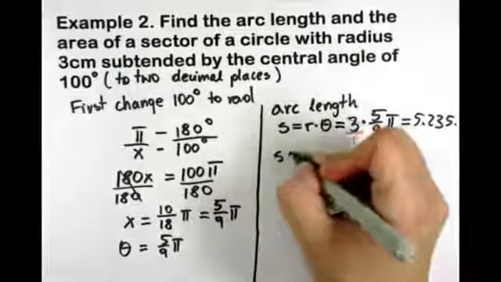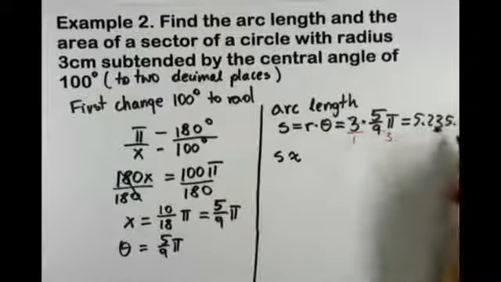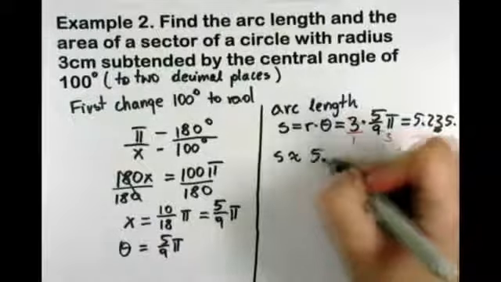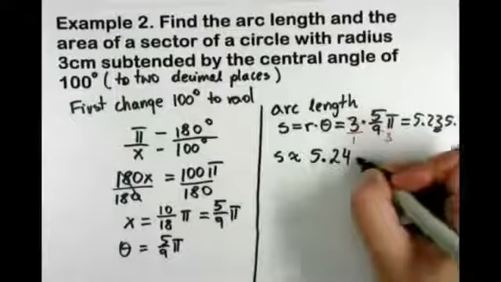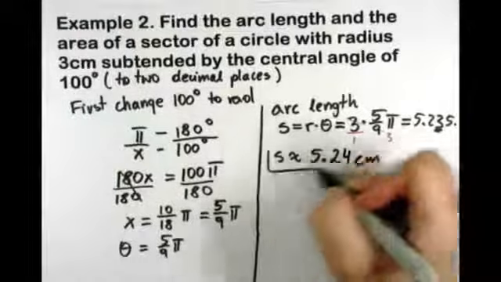So my S, to 2 decimal places, is 5.24 centimeters, because the digit after 3 is 5 or more, so we round it up. So that's my arc length.